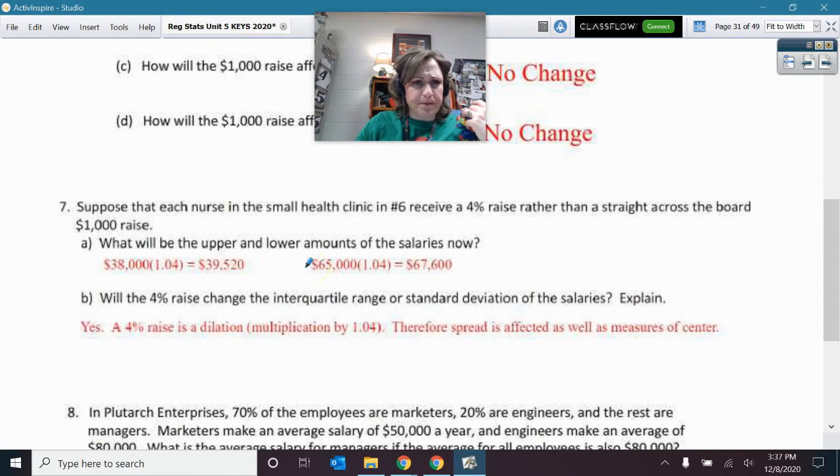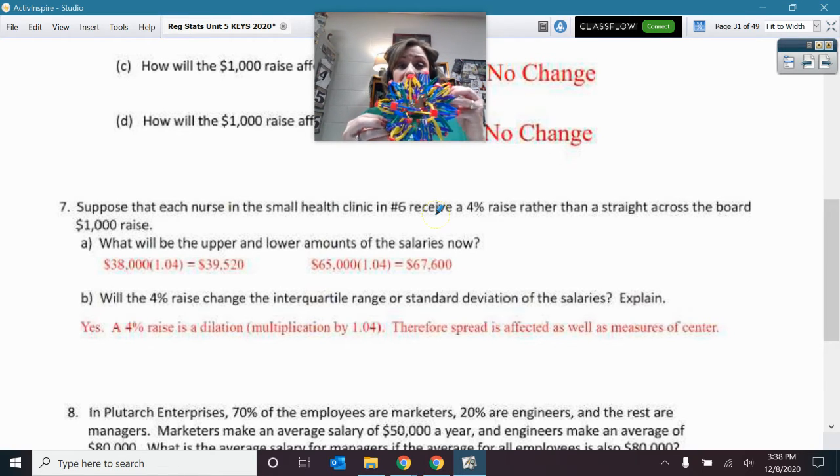All right, next. Suppose each nurse receives a 4% raise. That 4% raise is a multiplier. You're really multiplying by 1.04, so you can increase everything by 4%. So if you think about it, if a person made $100,000, they're going to get a much bigger raise than a person who makes $10,000, because for $100,000, 4% is going to be $4,000, but for a person who makes $10,000, 4% is going to be $400.